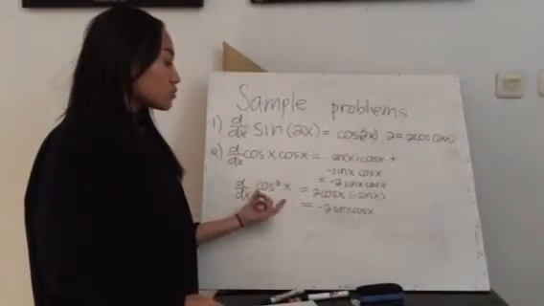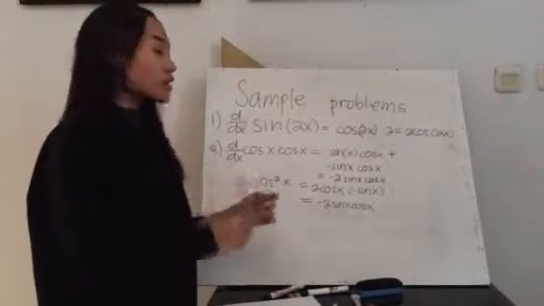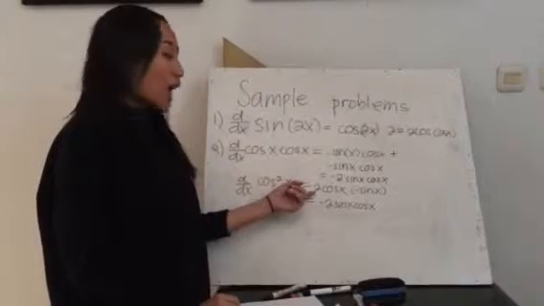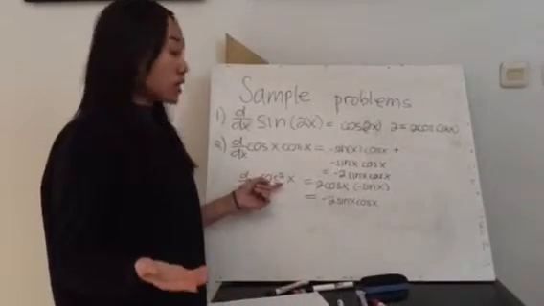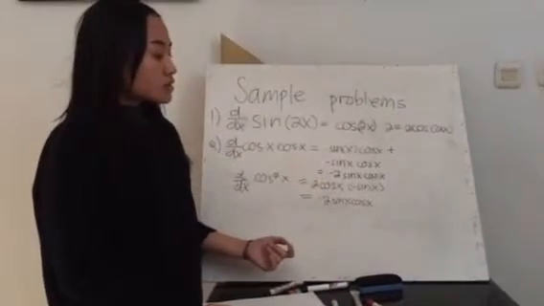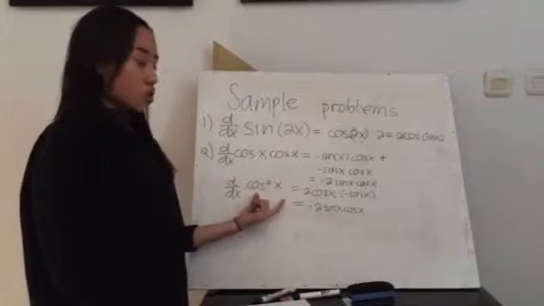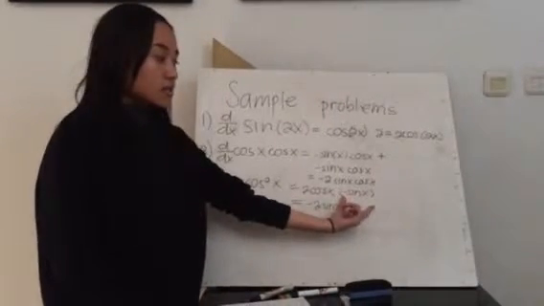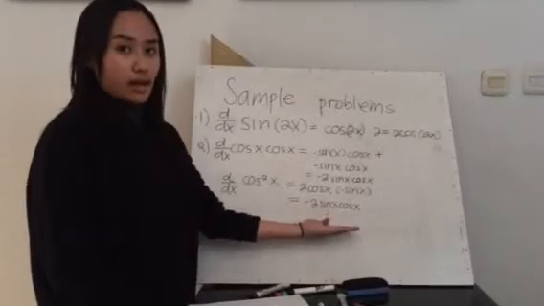You would take the exponent as the coefficient, and then subtract the exponent by 1, and then you would multiply the whole thing with the derivative of the inner function, which is negative sine x. So the final answer that you would be getting is still negative 2 sine x cosine x.